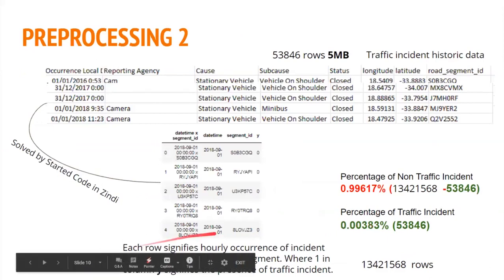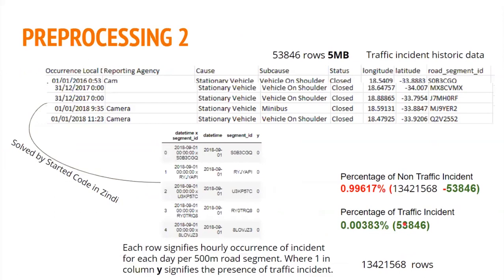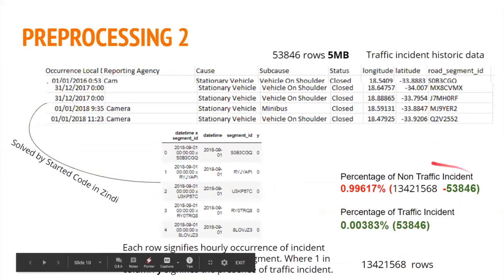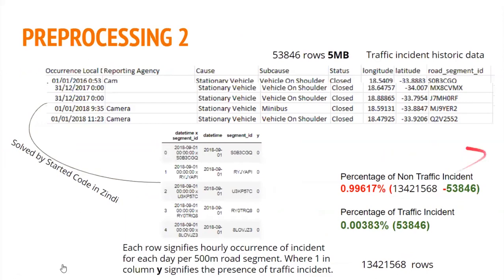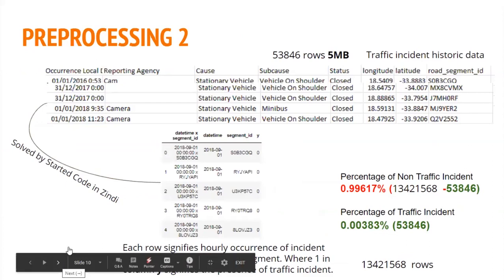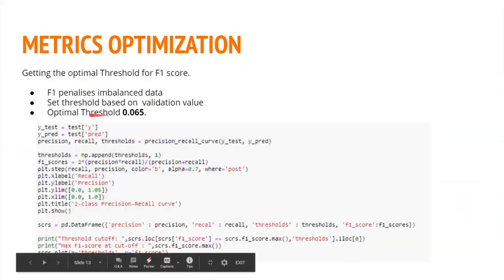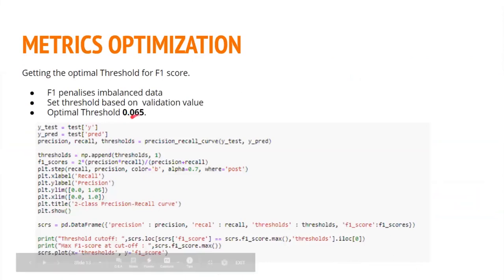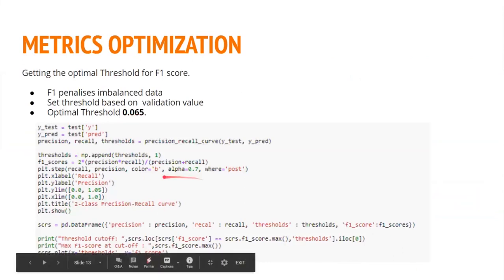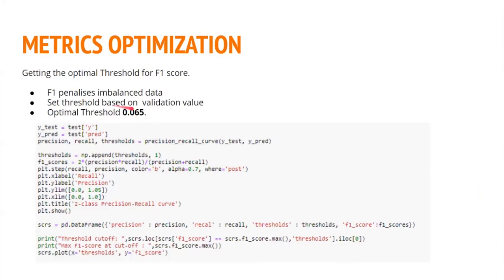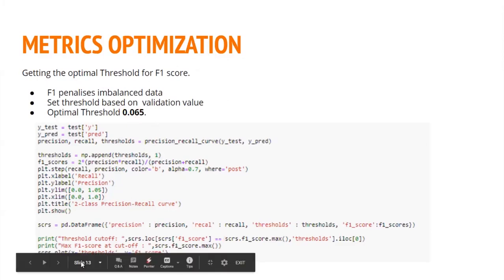So if you are using a threshold of 0.5 to get an F1 score, all of your data set will be predicted as only non-traffic data. That's just 0. So for us to solve that problem, we had to reduce our threshold to between 0.5 and 0.06, using the threshold optimization script we had. We finally settled on a 0.06 threshold as our final threshold.